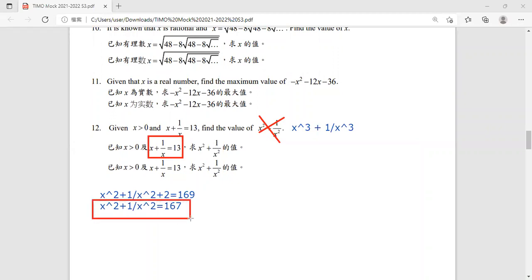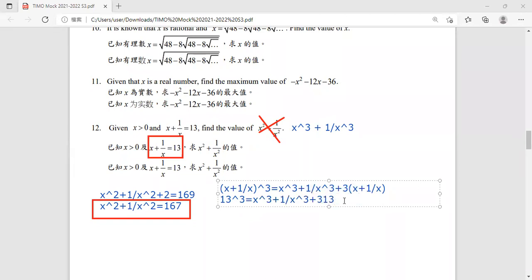If I don't have these results, you have to use this one, and then you use this one. It's 13.